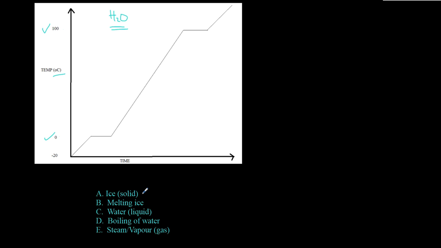We have ice, solid, so I'm just going to label the graph. If you've got something at -20 up to 0, then if the substance is water, that's ice. Now right there, that's B, and that is when you have a change of state occurring.